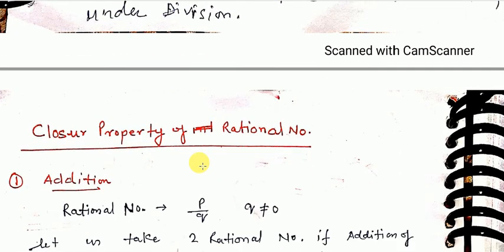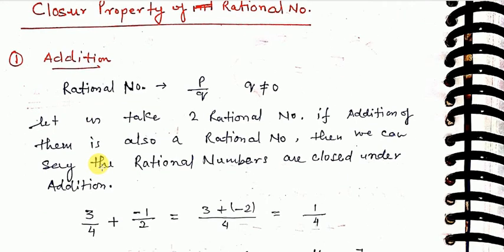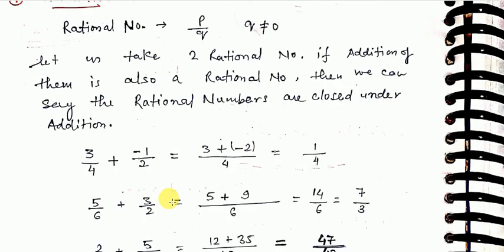So let's check the closure property of rational numbers. Here is the topic. In a similar fashion, we will check all the operations one by one. So for addition, let's take two rational numbers. If their addition is also a rational number, then we can say rational numbers are closed under addition. So let's take 3 by 4 and -1 by 2 and add them. The result is 1 by 4.